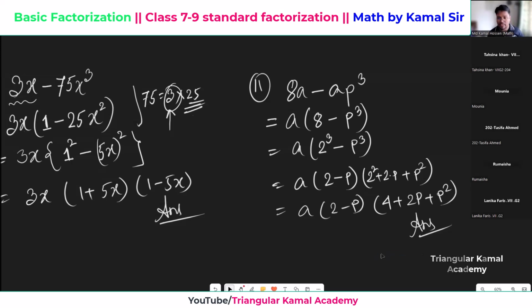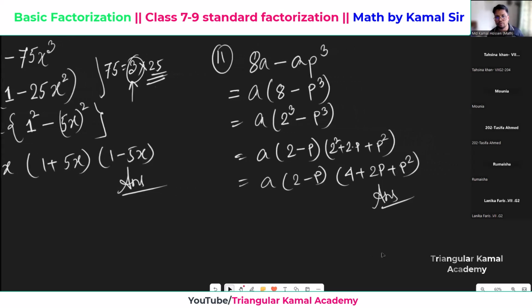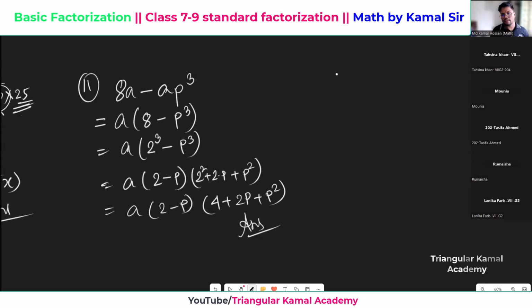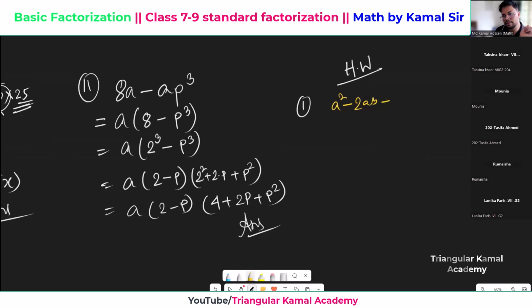So now I am giving a few maths to you as homework and try to solve them. Homework number 1, the application of a square minus b square. A square minus 2ab plus b square minus 1.